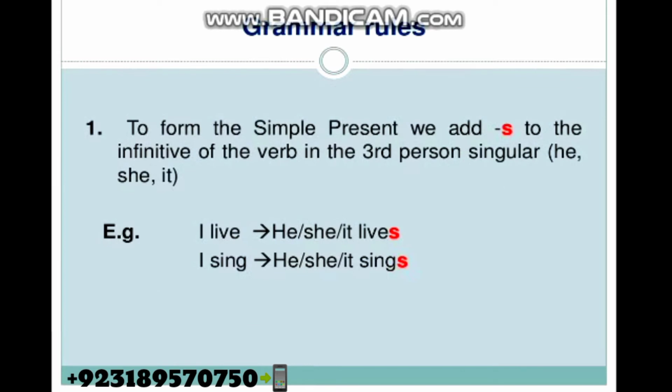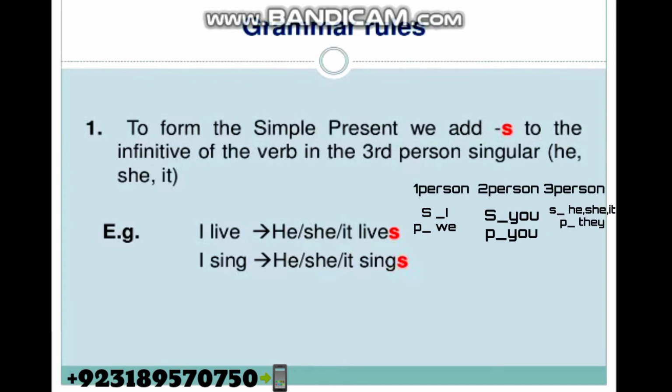The first rule is, to form the simple present, we add s to the infinitive of the verb in the third person singular: he, she, it. Okay, so we have persons: first person, second person, third person. Then we have first person singular and plural, second person singular and plural, and third person singular and plural. First person singular is I and plural is we. Second person singular is you and second person plural is also you.